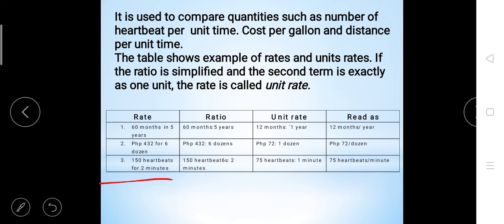So, ano yung common factor? Can we divide both 2 and 150 by 2? Okay, so pwede natin siyang i-divide. So, ibig sabihin, our common factor will be 2. Okay, so pag dinivide natin yung 150 by 2, that will give us 75. And then when 2 minutes is divided by 2, that will give us 1 minute.